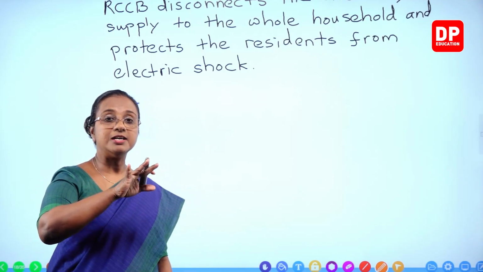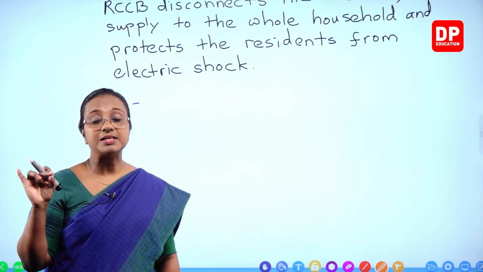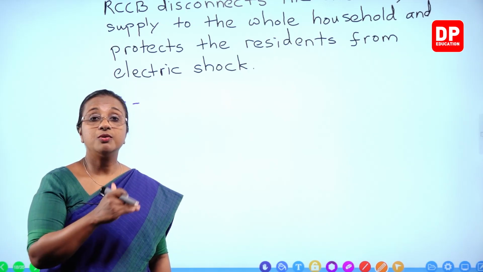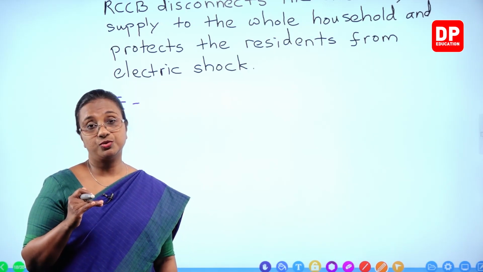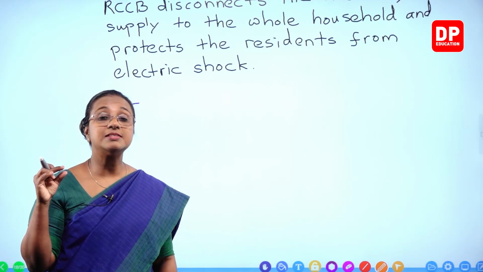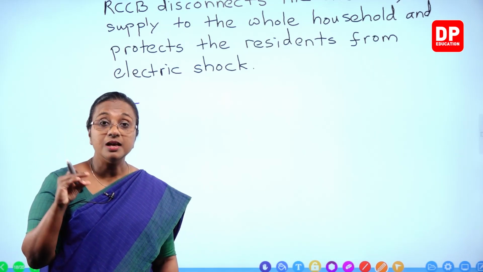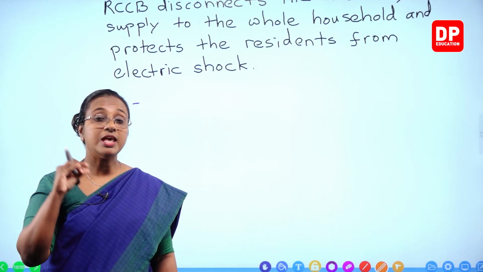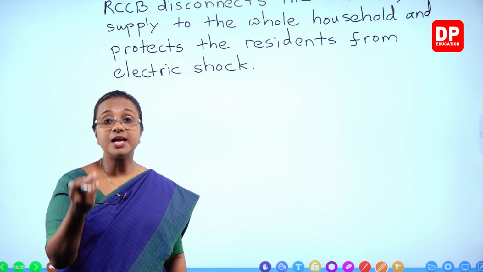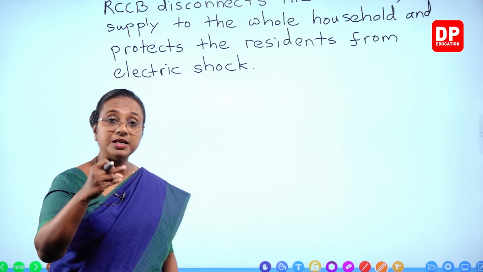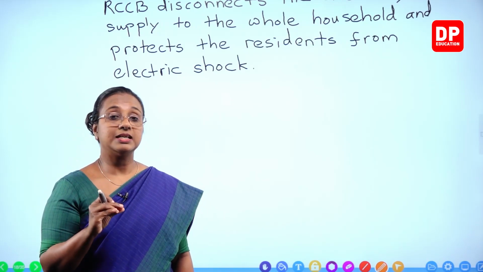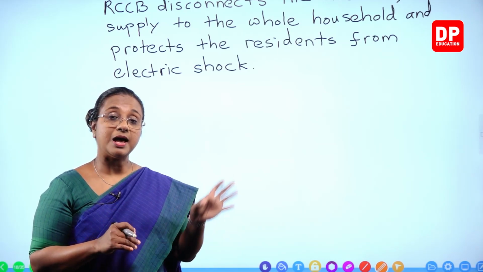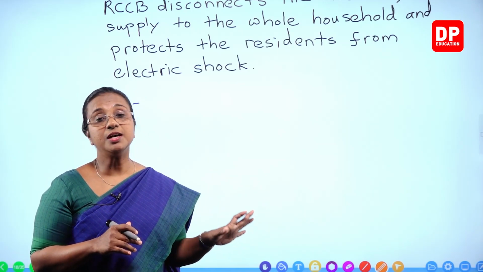Now the live wires are connected to the bus bar, and from there are different live wire connections going to different parts of the household. So there is a miniature circuit breaker, MCB, for each part of that household circuit. So if there is a high current passing through a particular part of the circuit, it will disconnect the electricity supply only to that part of the household.